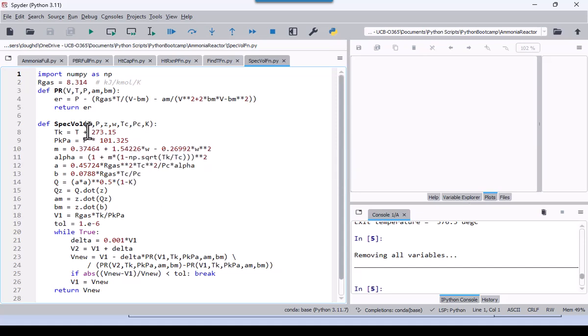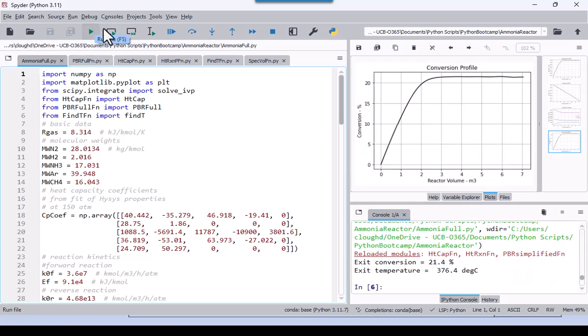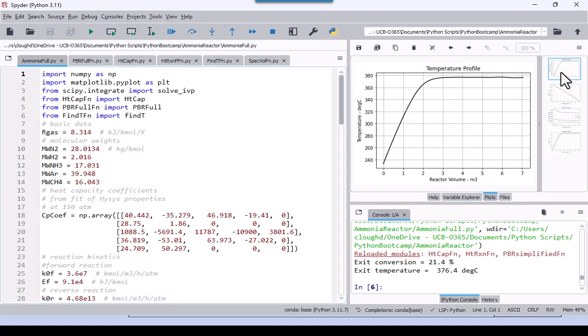So as we come back now to our main script and we execute it, we'll see that we get similar plots as we had before. This is the temperature profile plot, all right?